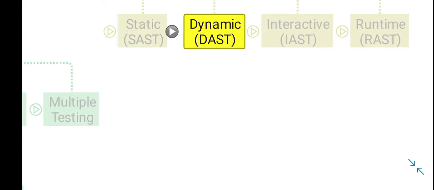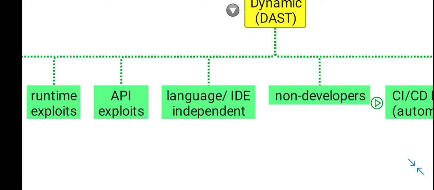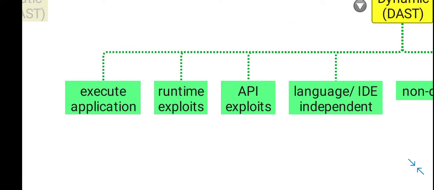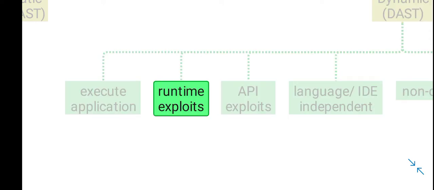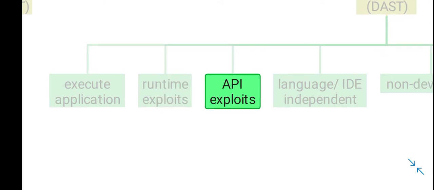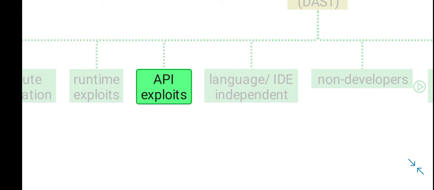Now next is dynamic application security testing, and as the name reflects, you execute the application and then you detect the runtime exploits. So the limitations of static application security testing are covered here.